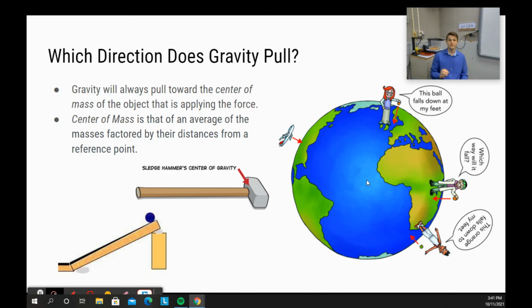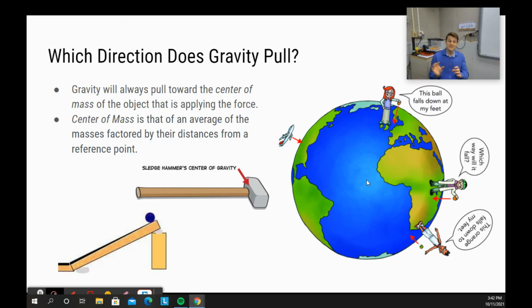The center of mass is the average of the masses factored by their distance away from the reference point. So what you basically do is you find the overall density of different parts of an object, and this is very complicated, but find the densities.